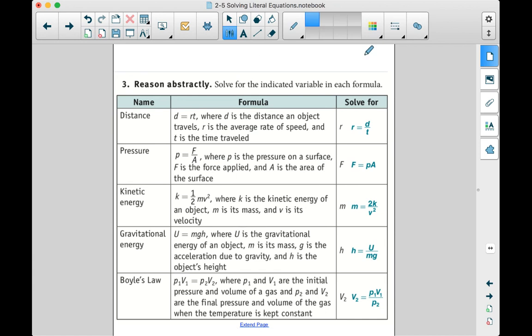I want to point out that something like the v squared right here moves as a unit, so that you don't have to take a square root of something. Same thing with the P1, V1. That means the first measurement of the pressure and the first measurement of the volume, and then the second measurement of the pressure and the second measurement of the volume.